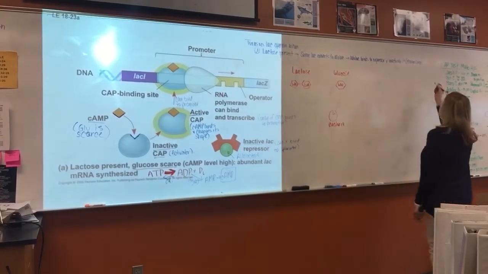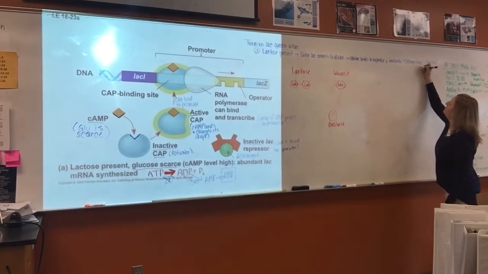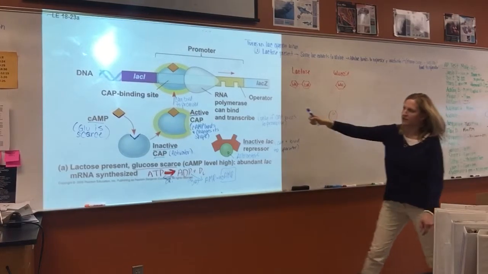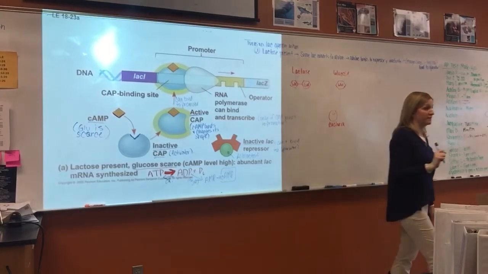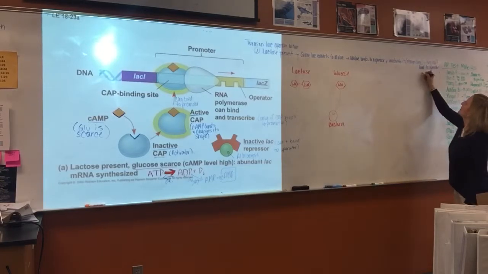All right, so the repressor can't bind to the operator, and therefore the genes can be turned on. So RNA polymerase can transcribe the genes.